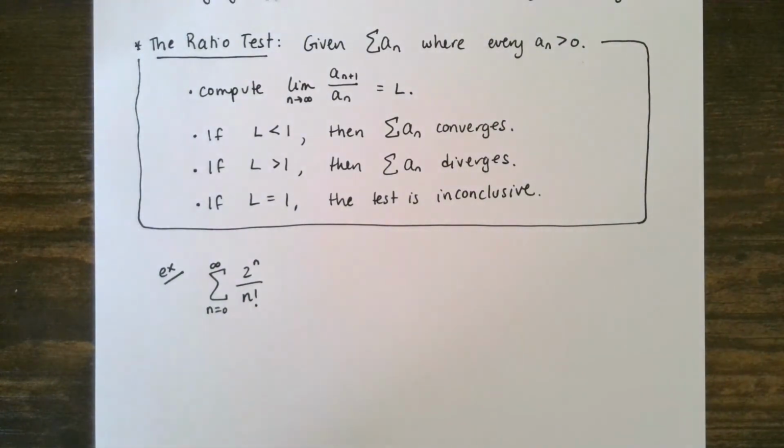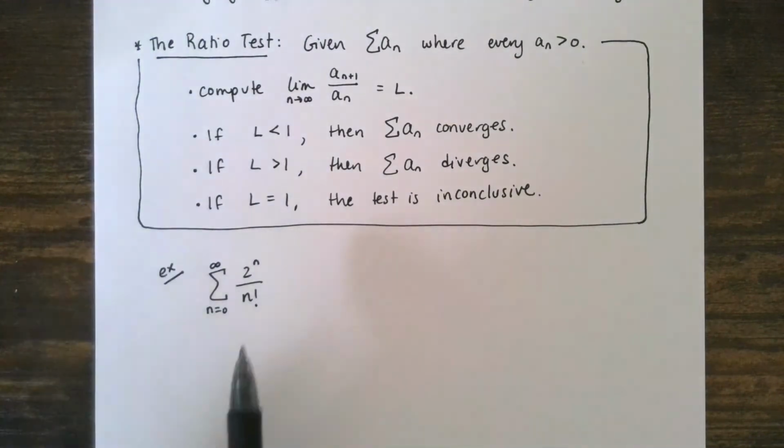This is a really great candidate for the ratio test, and we're going to find through a lot of these examples that the factorial is kind of a dead giveaway that the ratio test is a really good choice. So we're going to see a lot of examples with that factorial in this section.